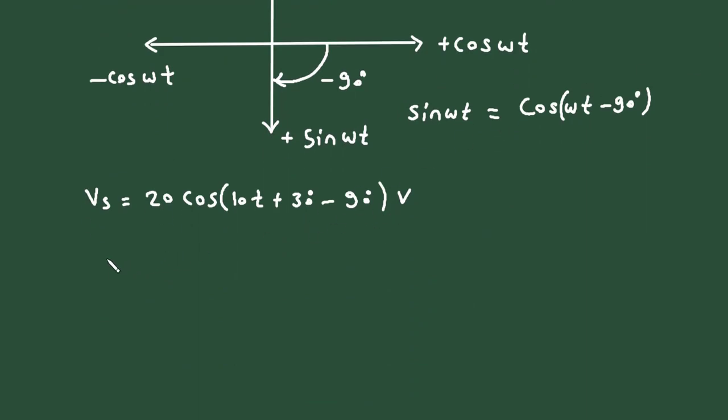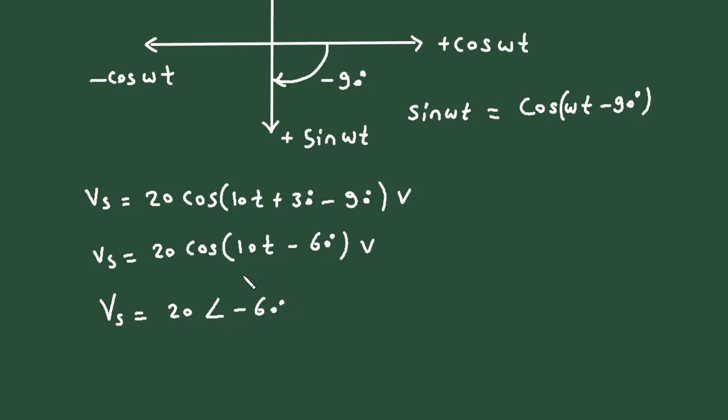So now Vs is equal to 20 cos(10t minus 60 degree) volt. So this is the value of Vs in time domain, and in frequency domain it will be Vs equal to 20 at an angle minus 60 degree. Here the value of omega is equal to 10 radian per second.